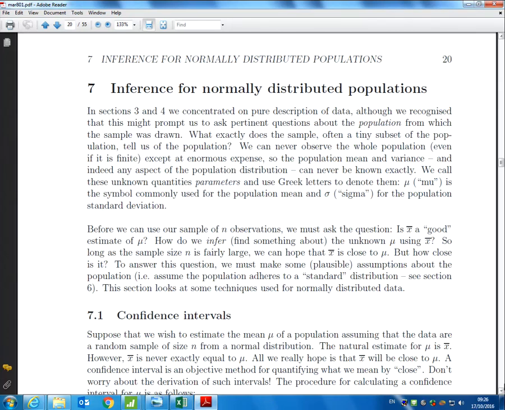And finally, what about the variance? We know the standard deviation is the square root of the variance, so sample variance must be S squared, and population variance must be sigma squared.